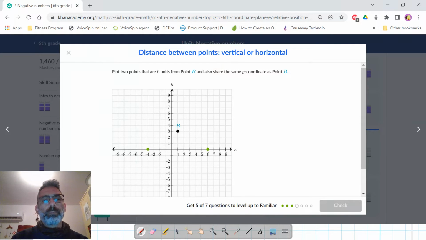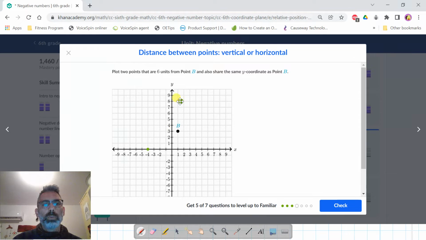Okay. Plot 2 points that are 6 units from point B and also share the same y-coordinate as point B. Okay, so if they share the y, they have to be on this line, and they have to be 6 units away.